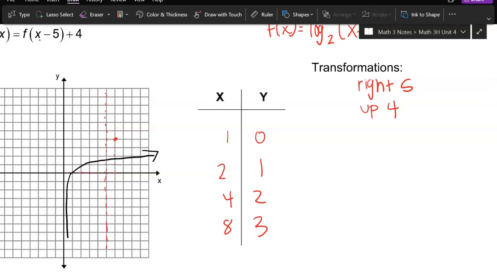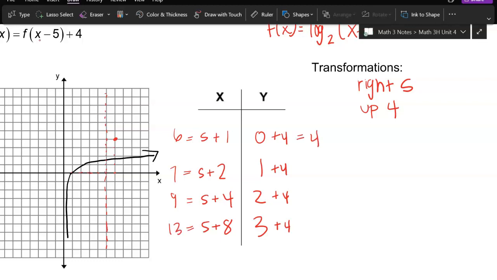So we only might get a couple. So let's go right 5, so plus 5 on these. And then up 4, so plus 4. All right, so we get 6, 7, 9, and 13. So that one will be on our graph.